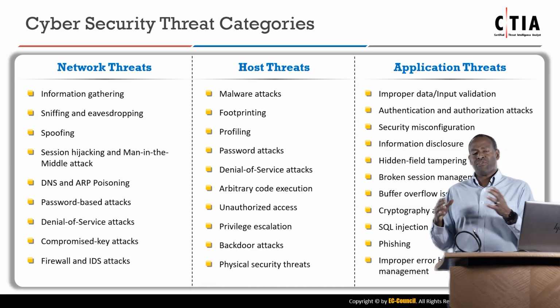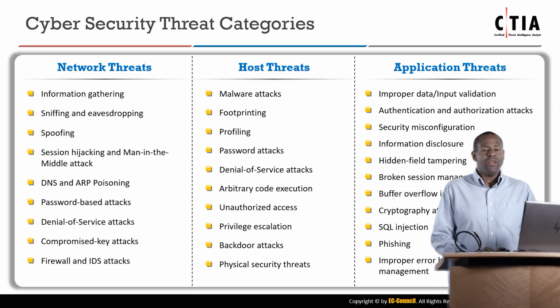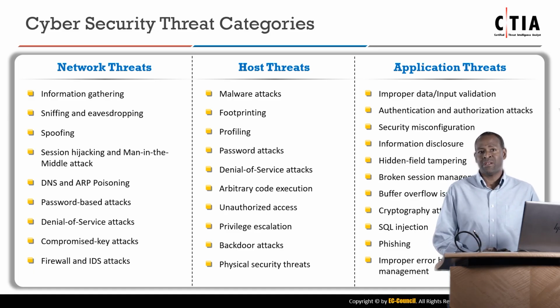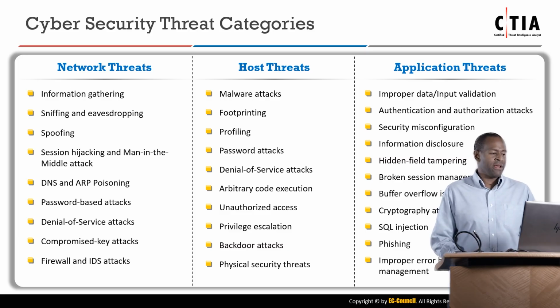Let's look at the threats divided into different categories. The first one we have is a network threat. With a network threat, the first phase of an attack is going to include information gathering. And we'll see this when we talk later on about the pyramid of pain. We see that is a part of that pyramid.